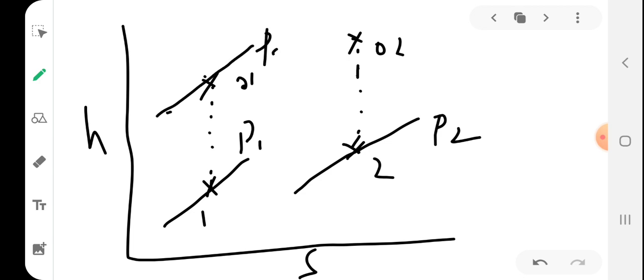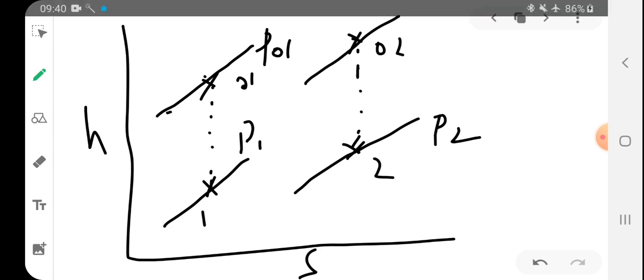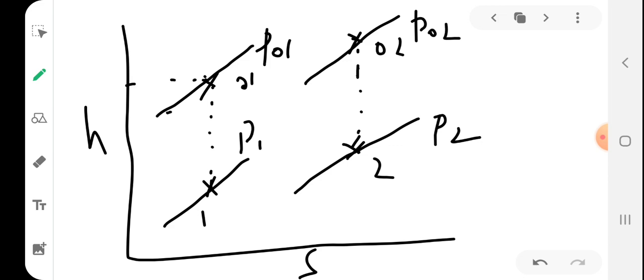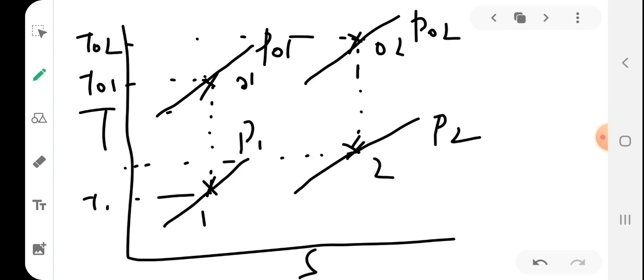This pressure is P01, stagnation pressure corresponding to 1, this pressure is P02. Suppose I'm changing this to a TS diagram. So this temperature will be T01, this temperature will be T02, T1, T2.